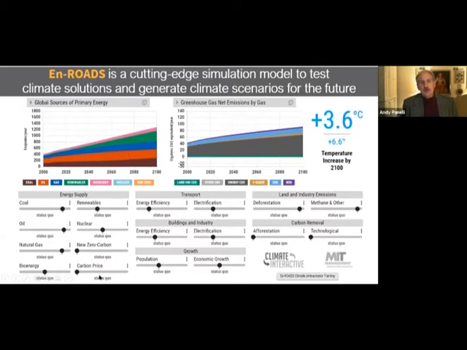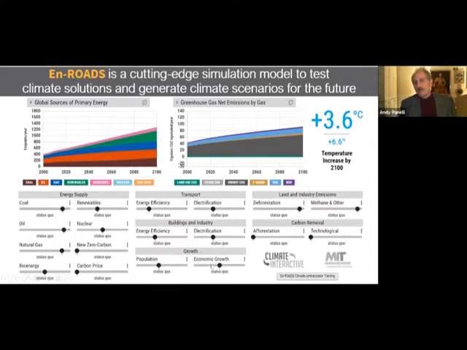And we can change our mix by changing our assumptions of how we're going to use fuel in the future and which fuels we're going to use, or which ones we're going to emphasize and which ones we're going to de-emphasize. And we can play around with transportation sector efficiency and electrification, building energy efficiency and electrification.